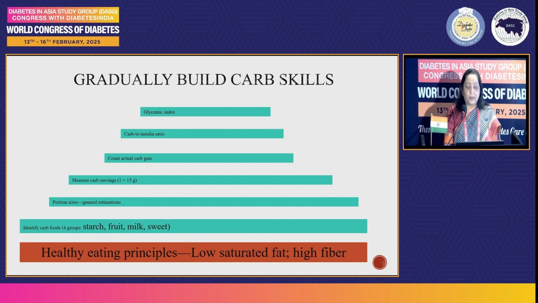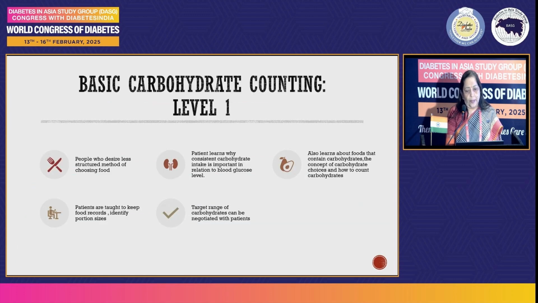The main principle is healthy eating, low saturated fat, high fiber, and being active.